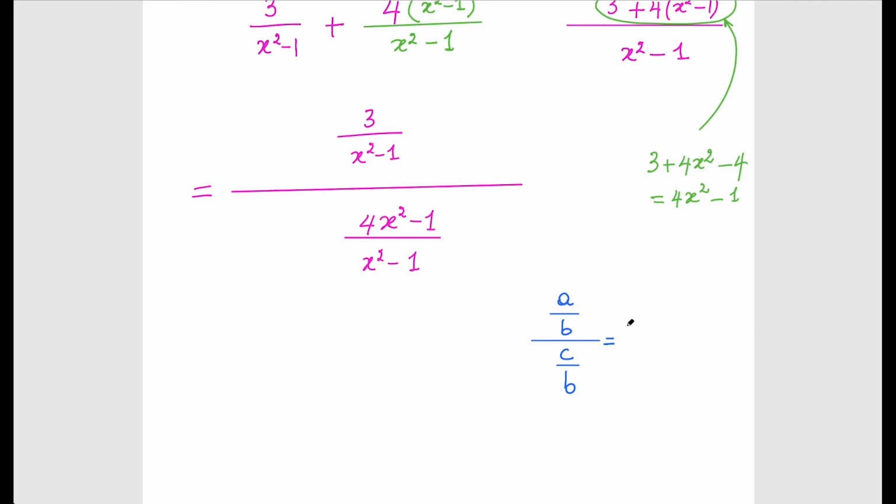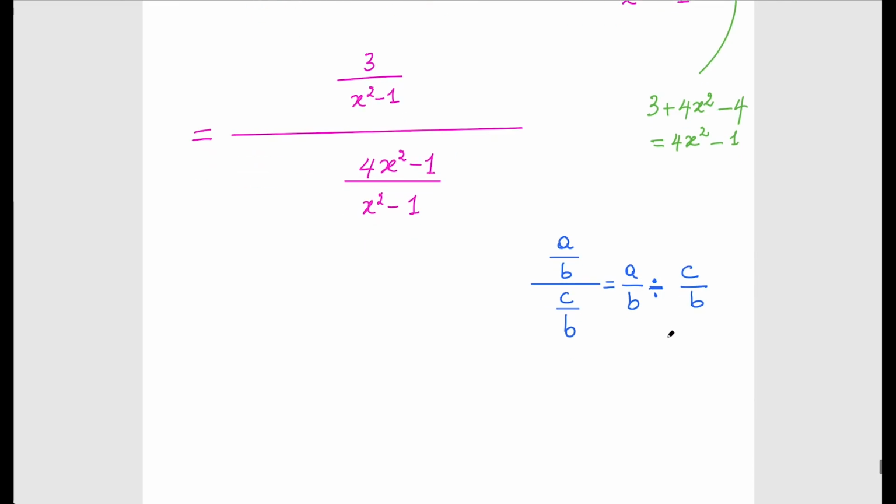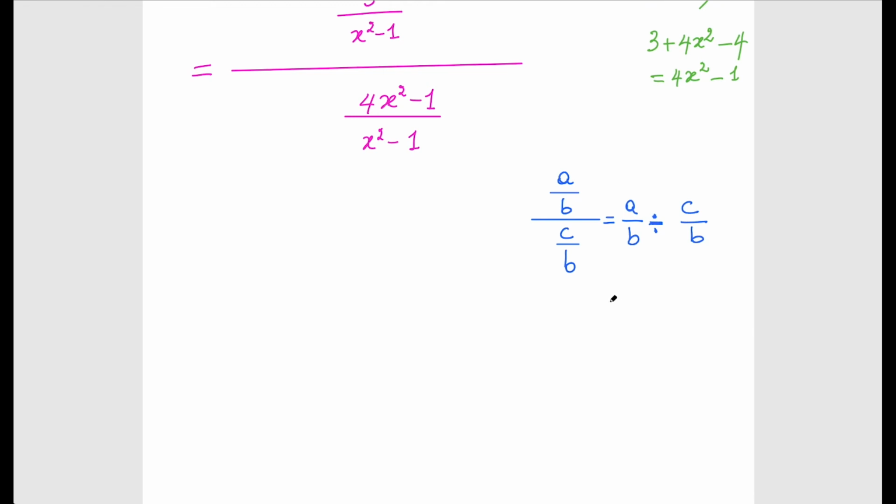That's the same thing as A over B divided by C over B, right? That's what the fraction bar means. It means the division, correct? And dividing by C over B amounts to multiplying by the reciprocal, which is B over C.